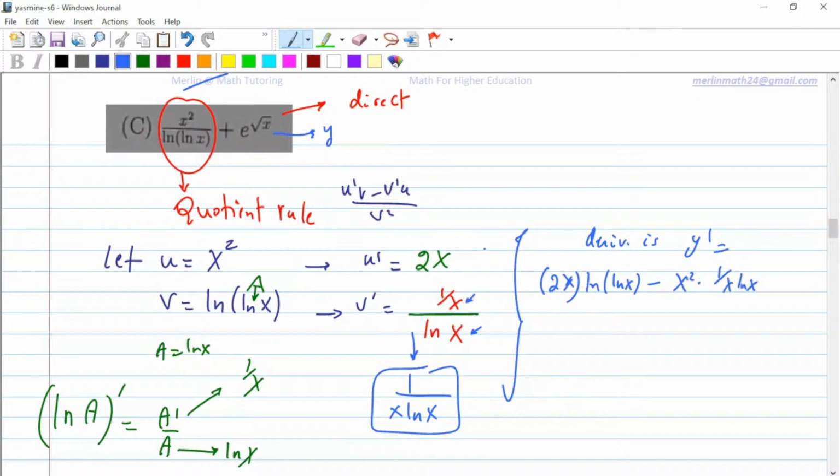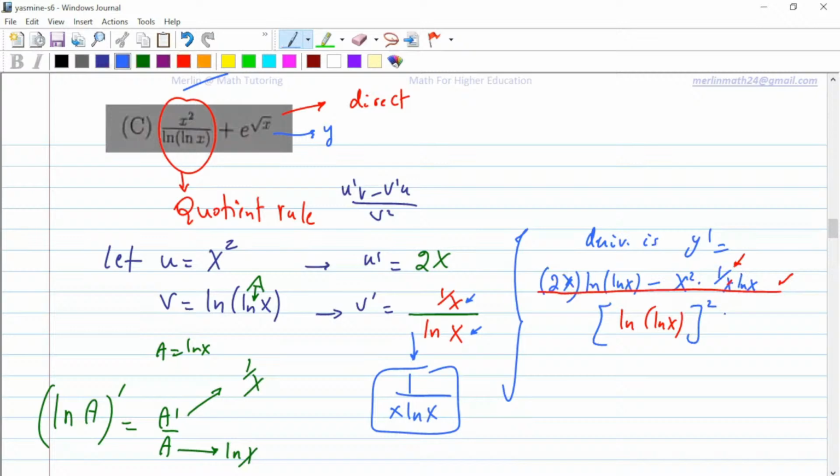So be careful that you want to put one fraction. For that reason, I made it that way, because it's a fraction over a fraction here. And over v squared. So what is your v? It's ln x. Be careful. Where do I put the square? It's for all. I need an extra bracket, because if you put it here it is wrong.